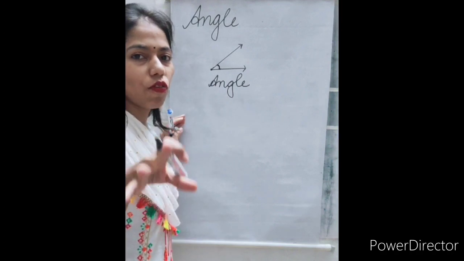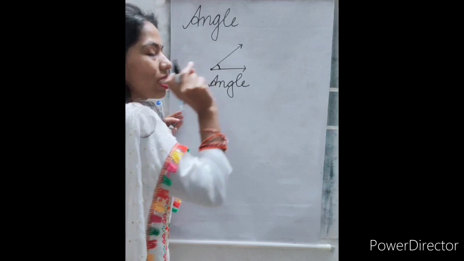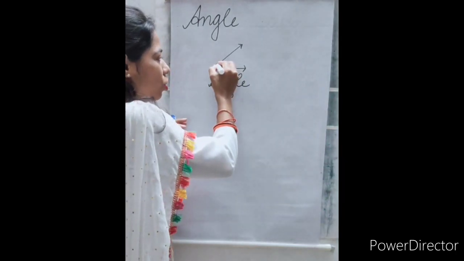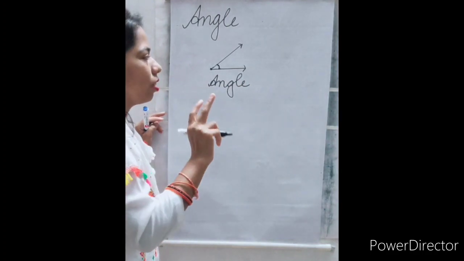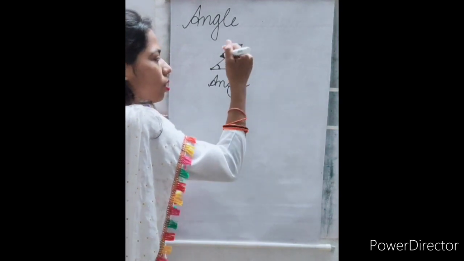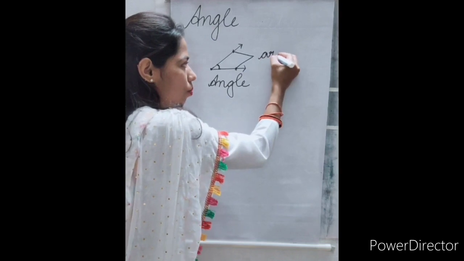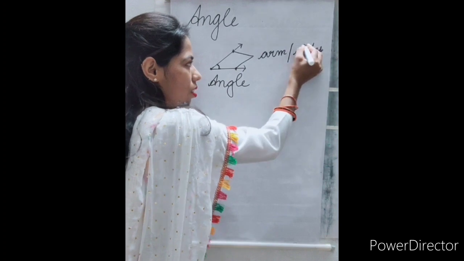In the language of mathematics, when two rays start from the same starting point, that shape is called an angle. And in an angle, there are different parts. This part and this part are called arms of an angle, or we can say sides.